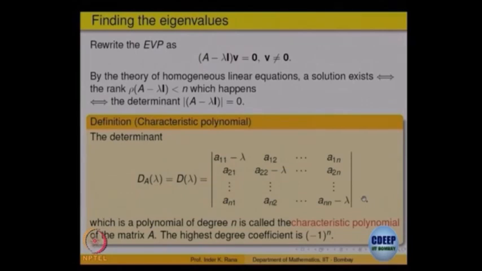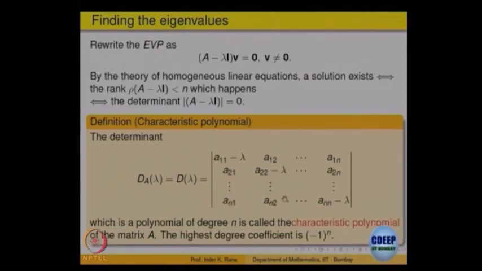So, essentially we are not exactly proving it, but giving you an intuitive hint that this determinant is a polynomial in lambda of degree n. So, the characteristic polynomial is a polynomial, that is why it is called a characteristic polynomial, because it actually turns out to be a polynomial, and it is characteristic of that matrix, right.